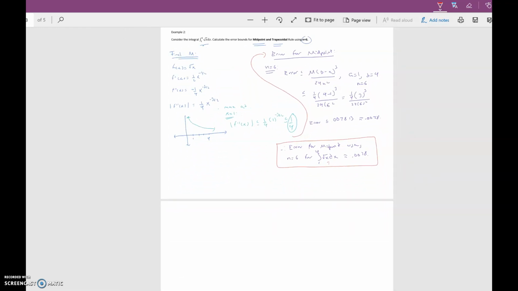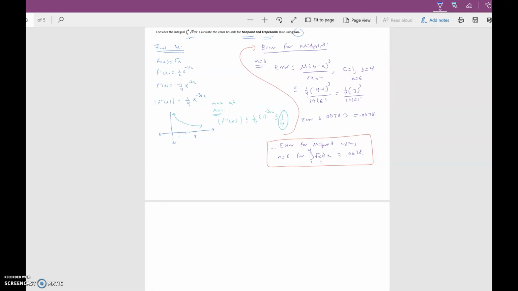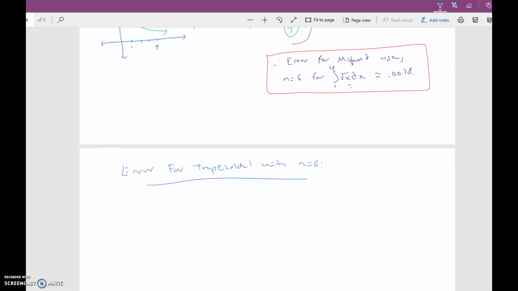Okay, let me do the second portion of the problem, which is the error for the trapezoidal rule. So same thing, n is equal to 6. So the actual formula, the error is going to be less than or equal to M times (b minus a) to the third power, but this one uses 12 n squared.